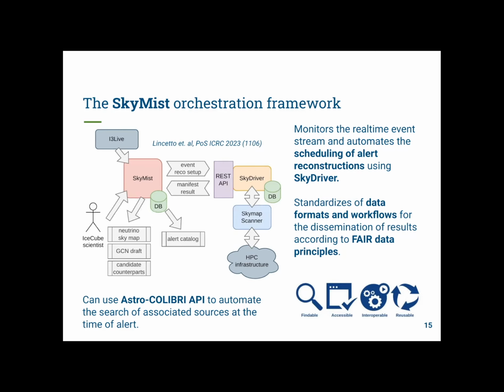And the idea with which we developed SkyMist is to standardize data formats and workflows that are part of the real-time infrastructure of IceCube, which will allow us to disseminate the results and stick to the FAIR data principles, because we centralize all the formats and workflow definitions in, let's say, a single source of truth. And an idea that is being implemented is using the Astro-COLIBRI API to automate the search of associated sources at the time and the location of the alert.